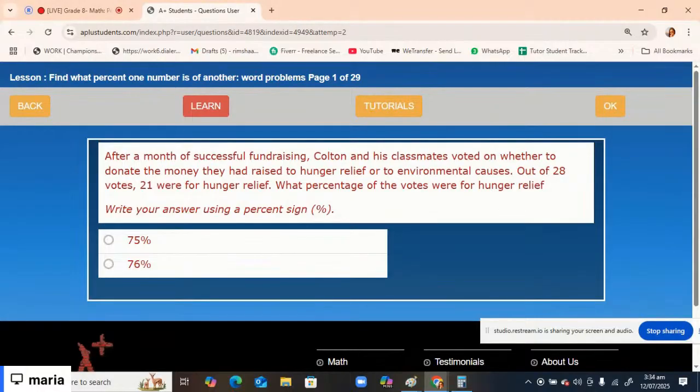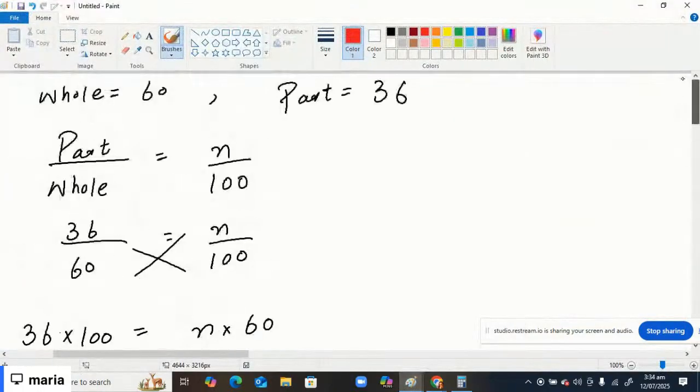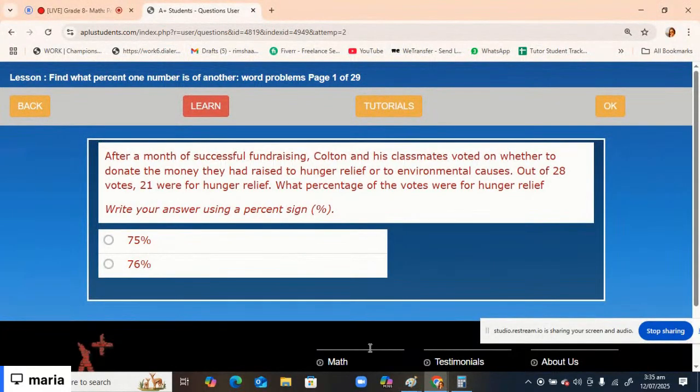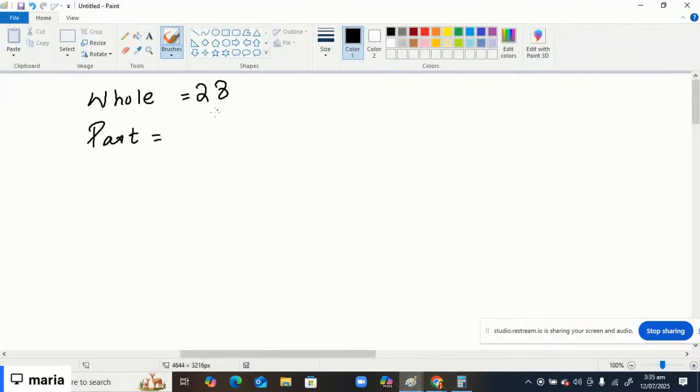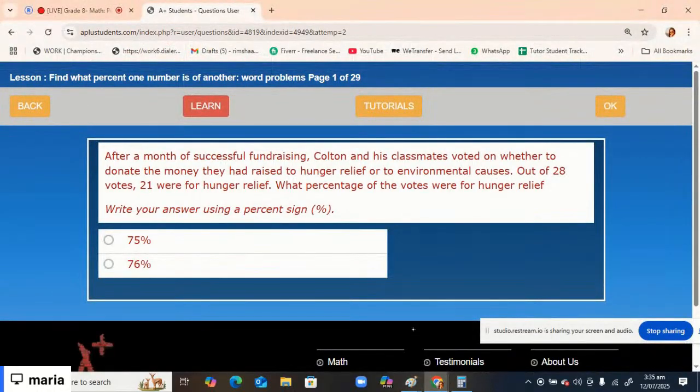Out of 28, so what is the whole? The whole is 28. What is the part which is given? That is 21. What percentage of the votes were for hunger relief? Write your answer using a percent sign.